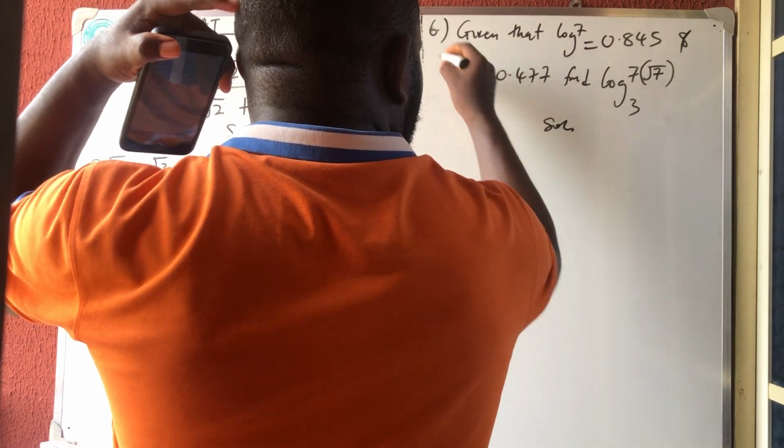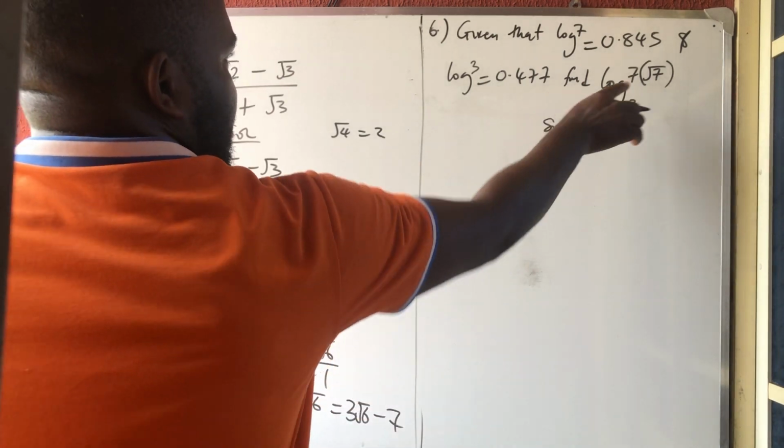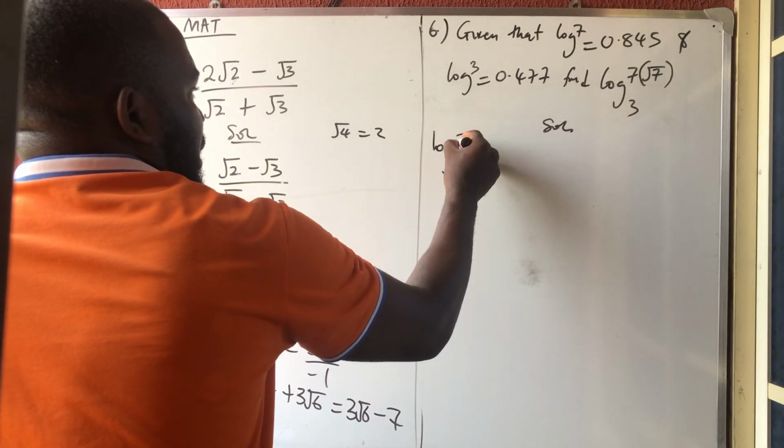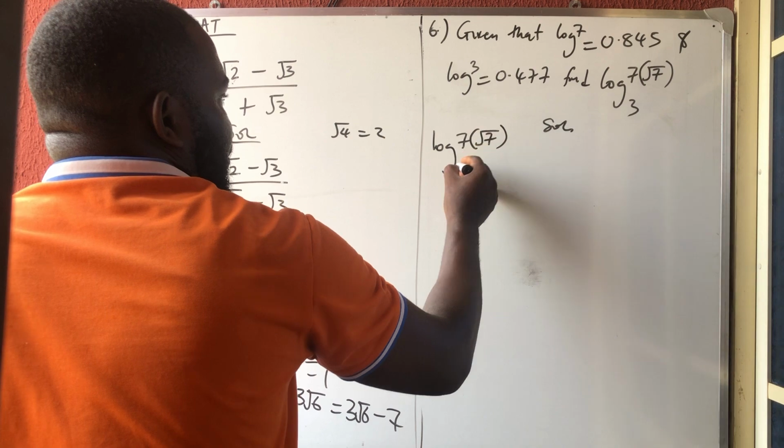Okay, solution. This is a very simple something. They say we should find log of root 7 base 3.